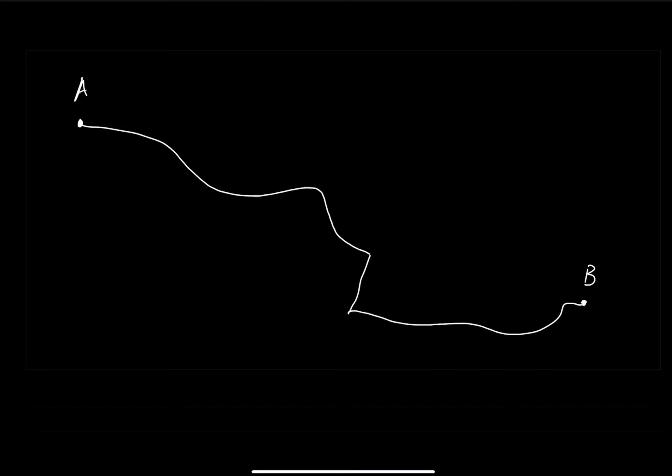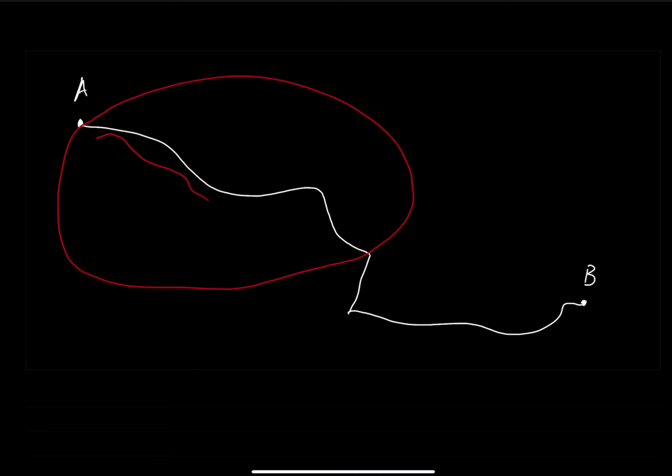For the majority of the time, getting from here to here doesn't take that long. There are not many vehicles on the road here, and the bus moves quite quickly along it.